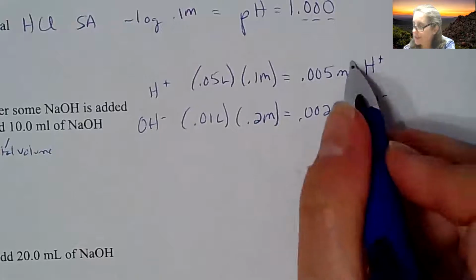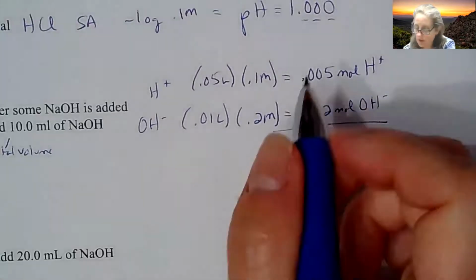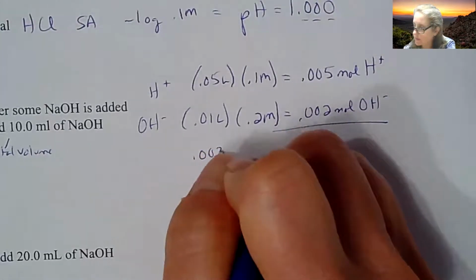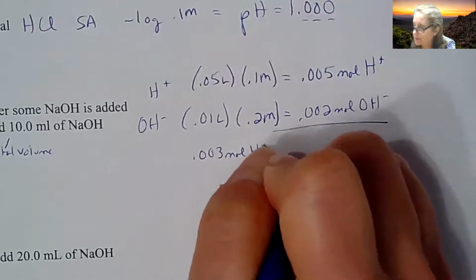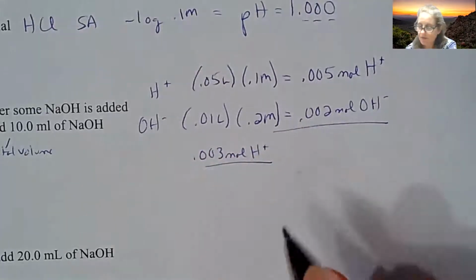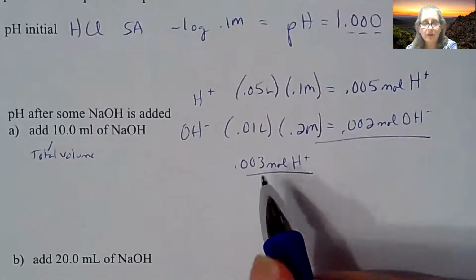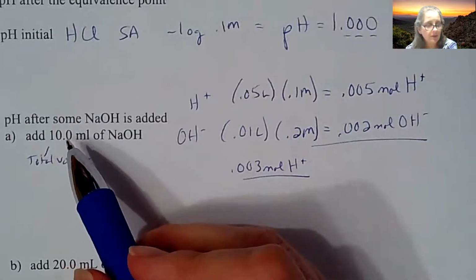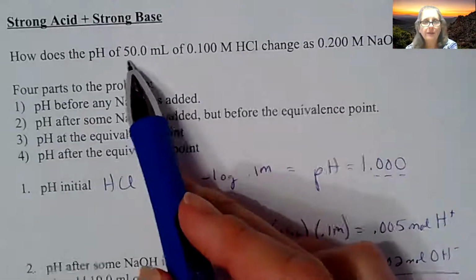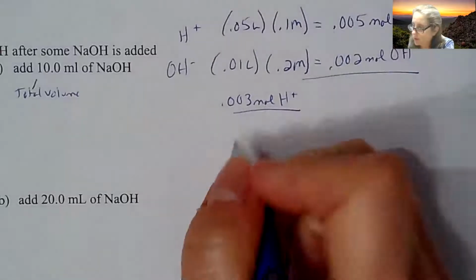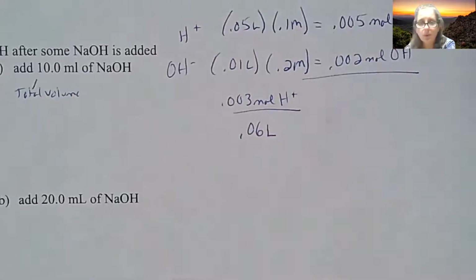So then I have more H plus than OH, so I end up with 0.003 moles of H plus. But in order to find my concentration of H plus, I need to divide it by the new volume. So if I have 10 mL of NaOH in there and I had 50 mL of HCl to begin with, I have a total volume of 60 mL, which is 0.06 liters.